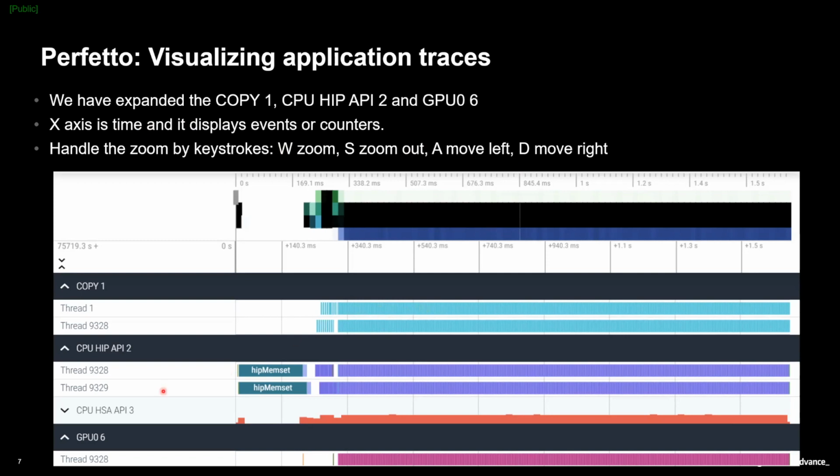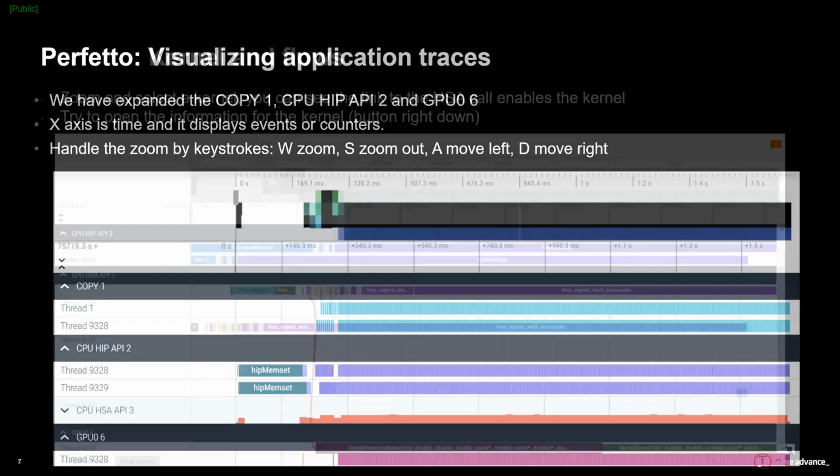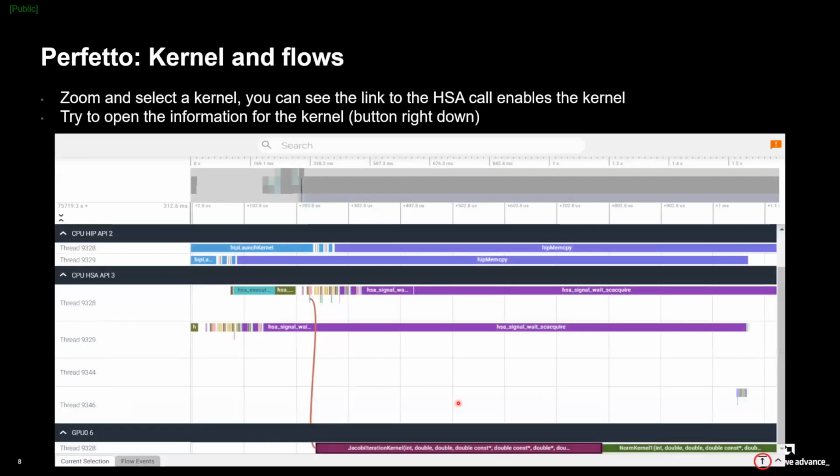And you see here the HIP, okay, that we use, HIP memset, and the GPU HSA API here. The screen doesn't fit everything. And I zoom even further, and I see down here the kernel. Here's the Jacobi iteration kernel with the options.